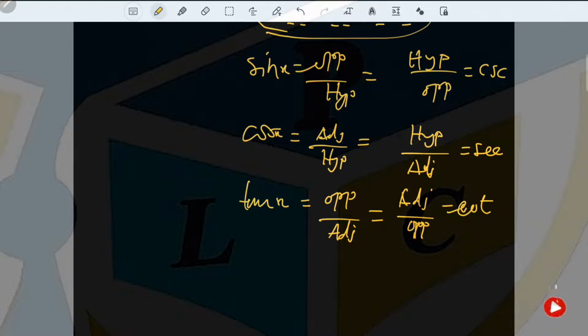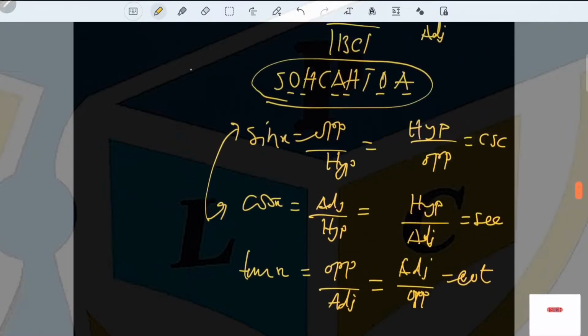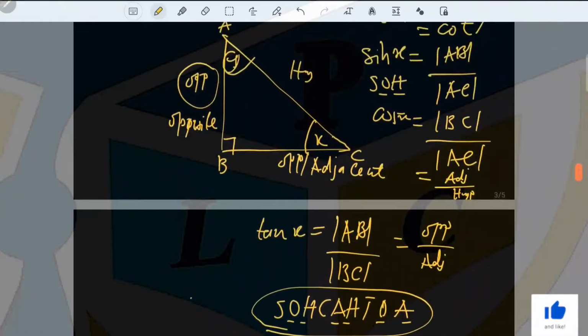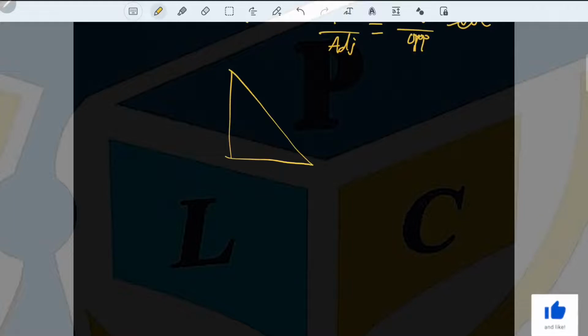But then at times we always want to make some comparison when it comes to these trig ratios. So let's say I want to compare sine and then cos. Let me have the triangle here once again.